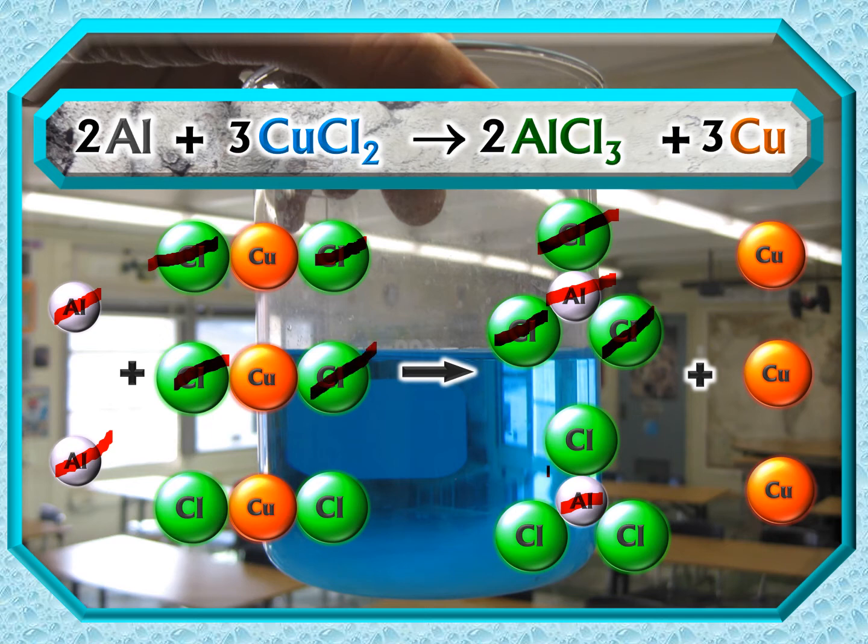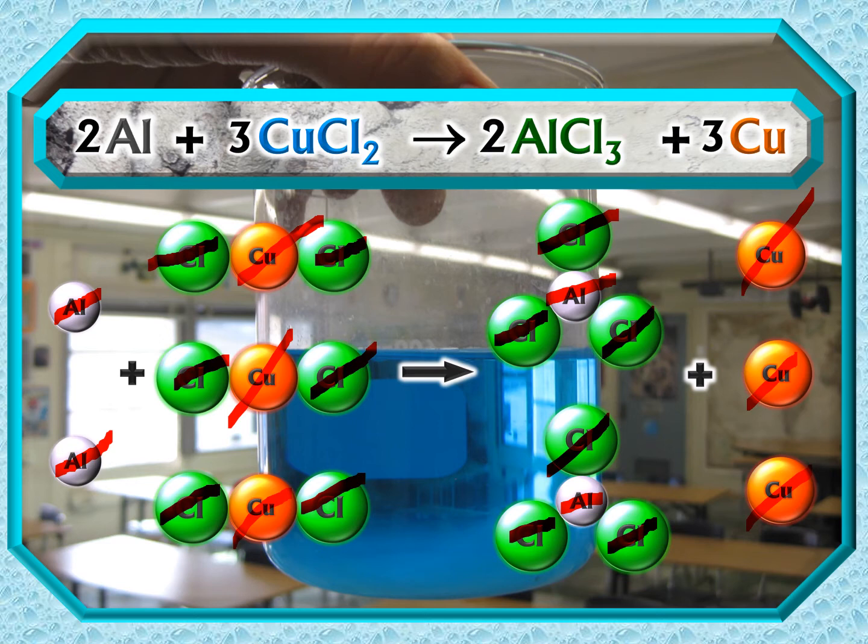This one goes there. And these two go here. To provide enough chloride, we actually need 3 of the copper chlorides, which is why we have 1, 2, 3 copper atoms involved as well in order to balance it out.